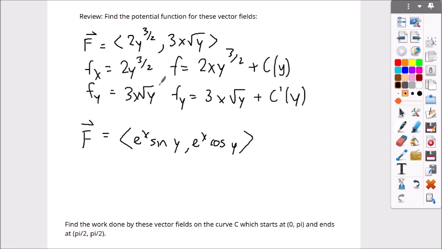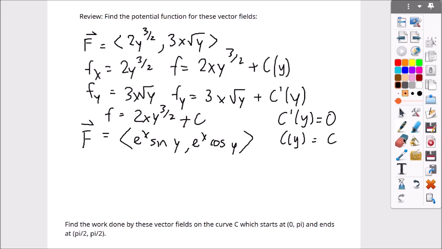And c prime of y, you can see that it's 0. So c of y is just a constant c. So therefore f is, in this case, 2xy to the 3 over 2 plus c. So that's the potential function for the first one.